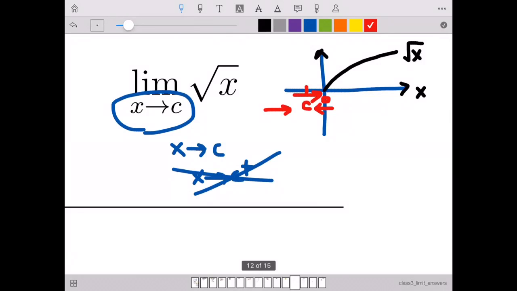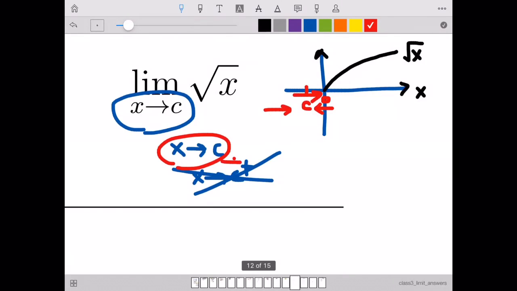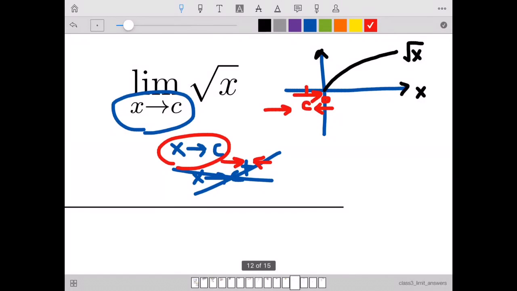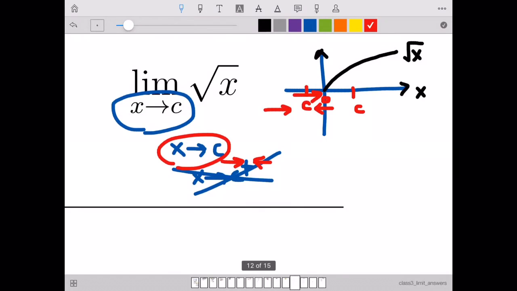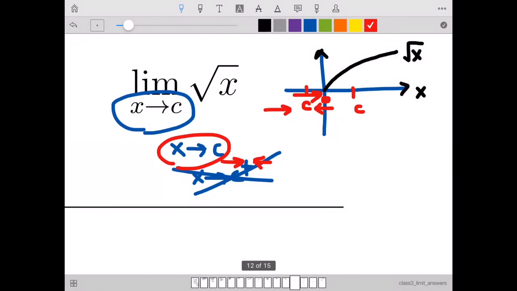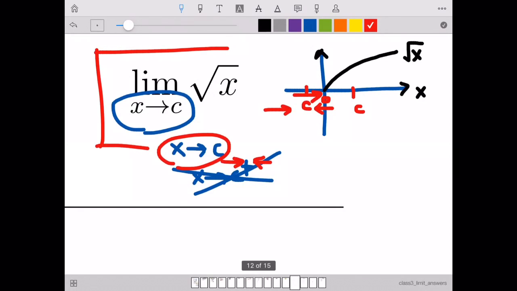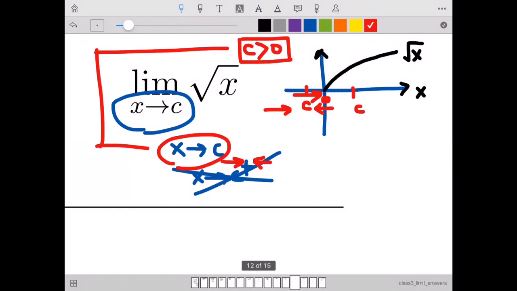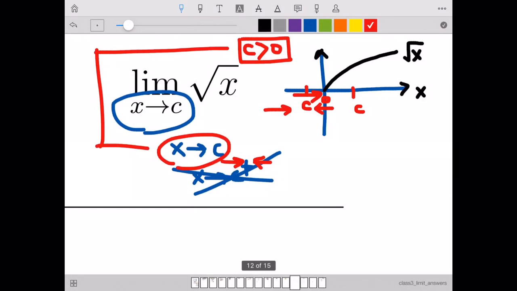So to approach c from both sides, from the left and from the right, c should be a positive number. So to make sense with this problem, c should be positive. Under that condition, what is the limit of the square root of x?